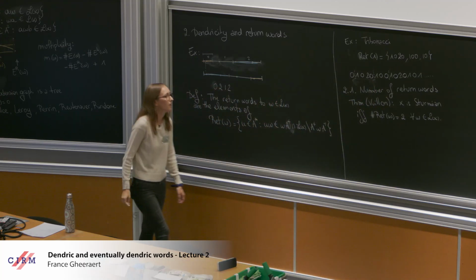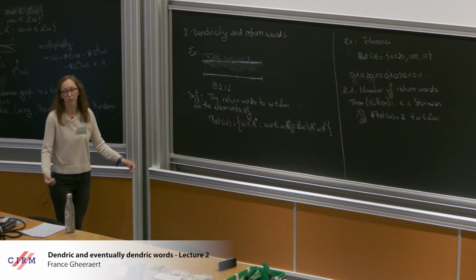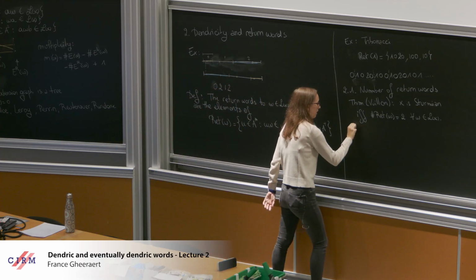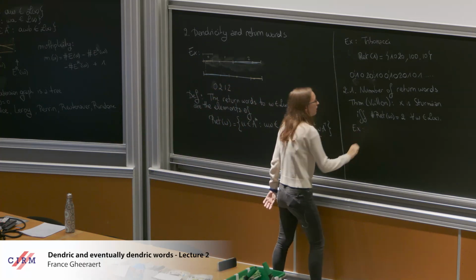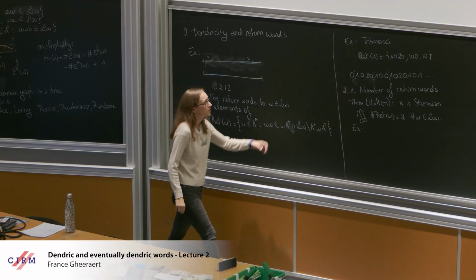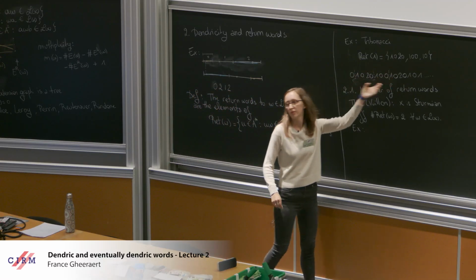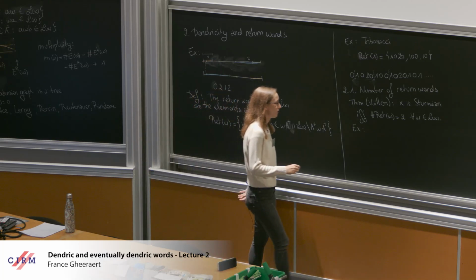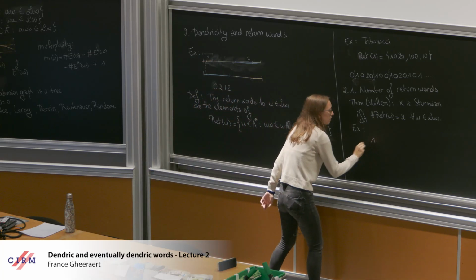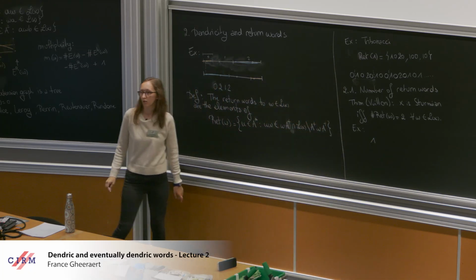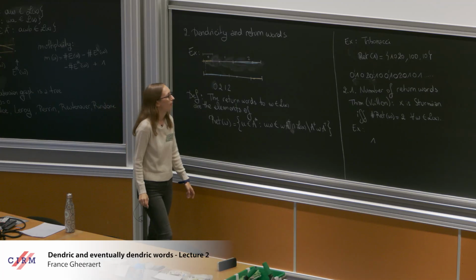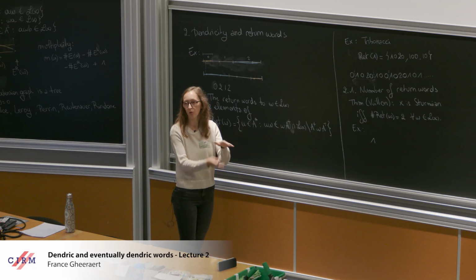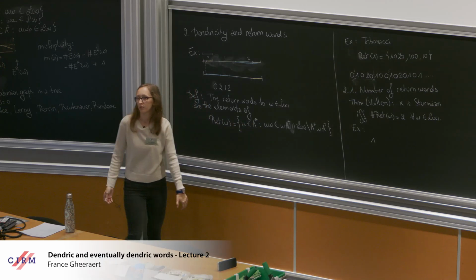Okay, so if we try to count the number of return words, how can we proceed? Well, let's again do an example, and let's try to see why there are only 3 return words in that case. We know that any return word to 1 must start with the letter 1, right? And we'll actually exhaustively search all possibilities until we find all return words.